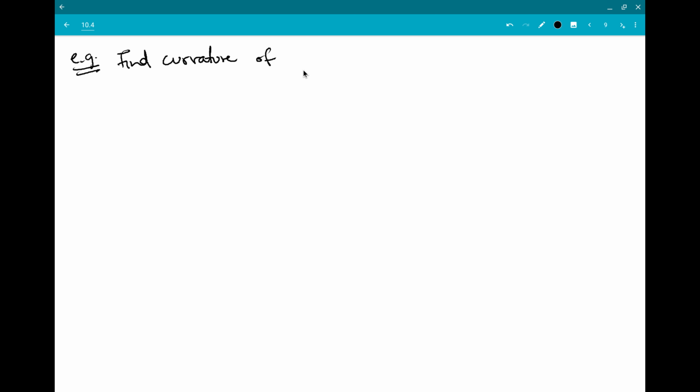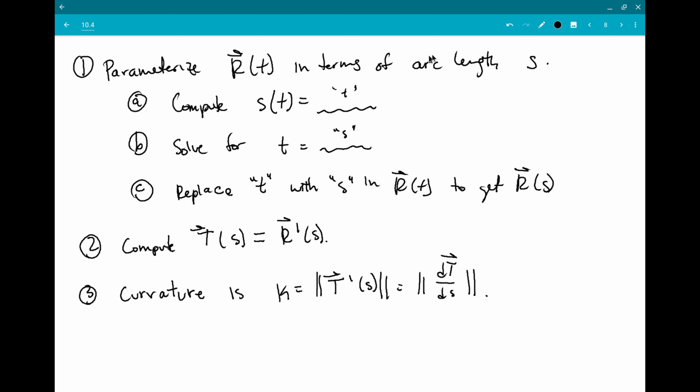This one is given by r equals sine t, cosine t, 2t. That's kind of the sketch of the path we're tracing out in 3D. And so we're going to follow these steps I gave you right here.